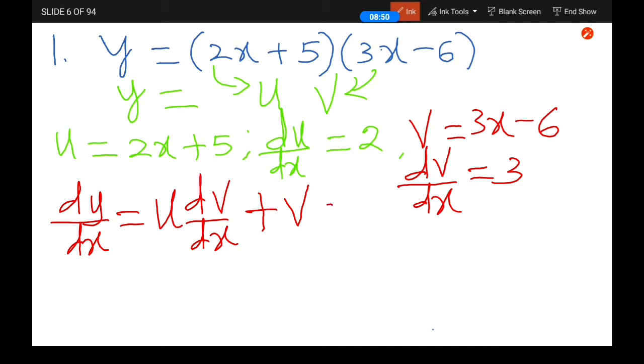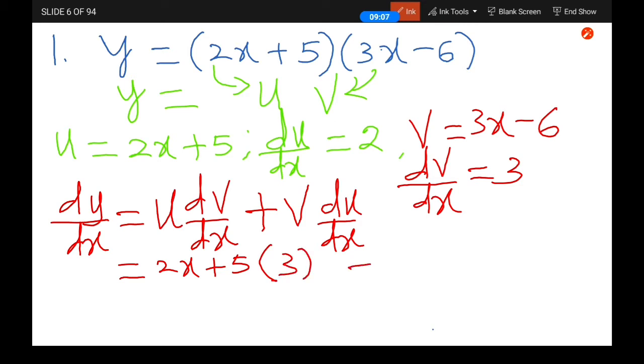I'm leaving v now, meaning I will differentiate u. So let's put the value there. My u is 2x plus 5, times dv dx, which is 3. Then we have plus v, 3x minus 6, times du dx, which is 2.